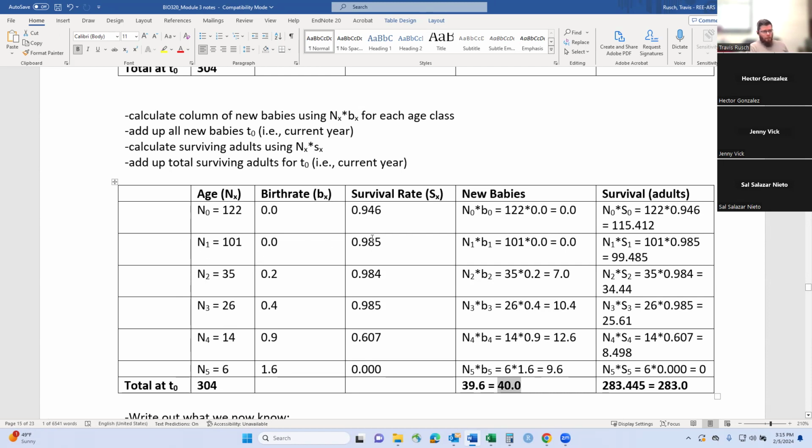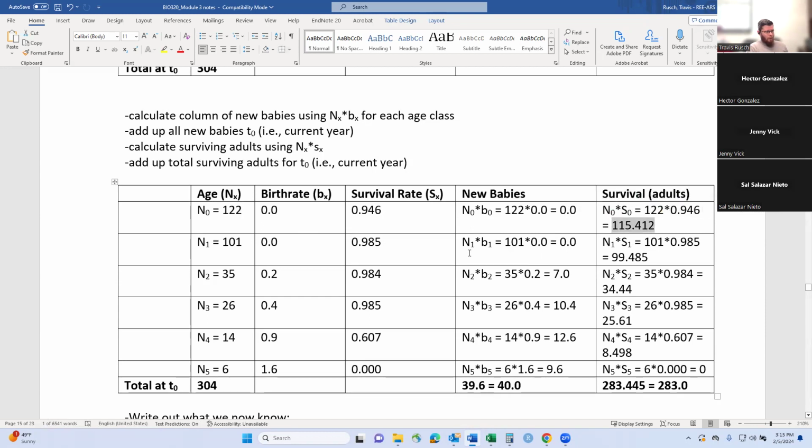We can do the same thing for survival, using N of x times S of x. We have the number of individuals and the survival rate for each age category. Originally we had 122 newborns, with a survival rate of 0.946, so out of the 122, 115 survive.